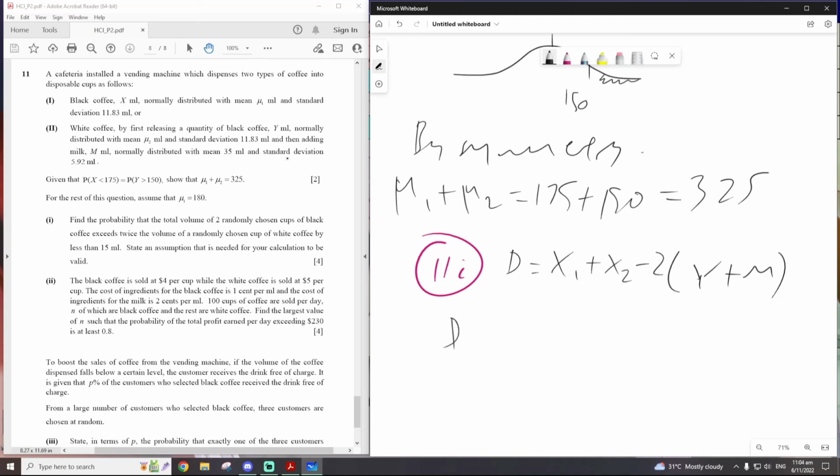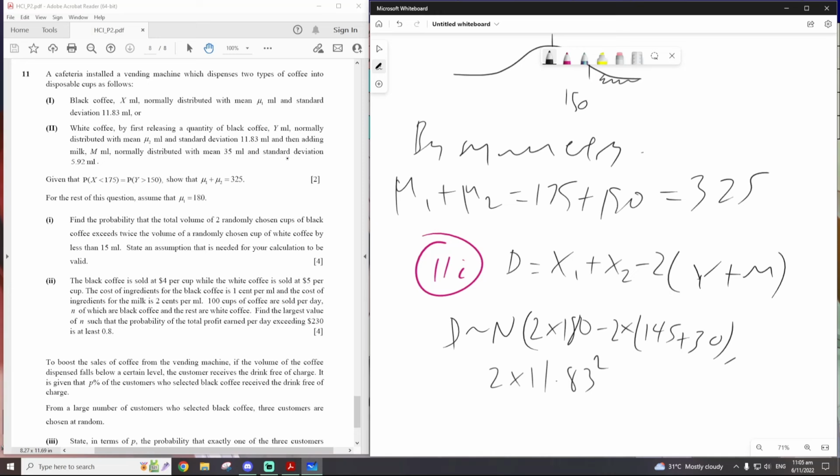So therefore, d follows the normal distribution. The means will add up to 2 times 180 minus 2 times 145 plus 30. And the variance is 2 times 11.83 squared, because we are given the standard deviation.